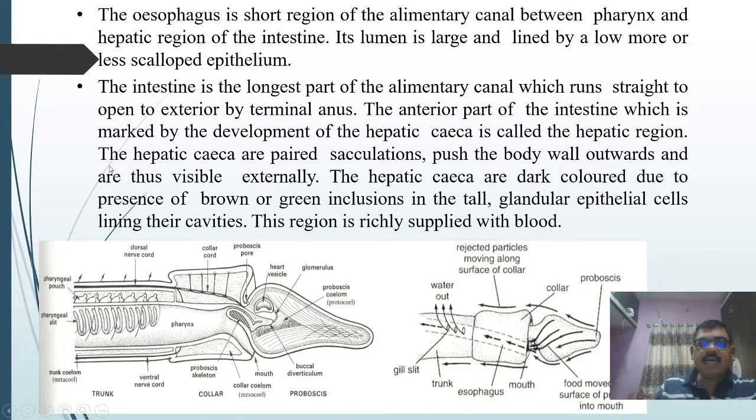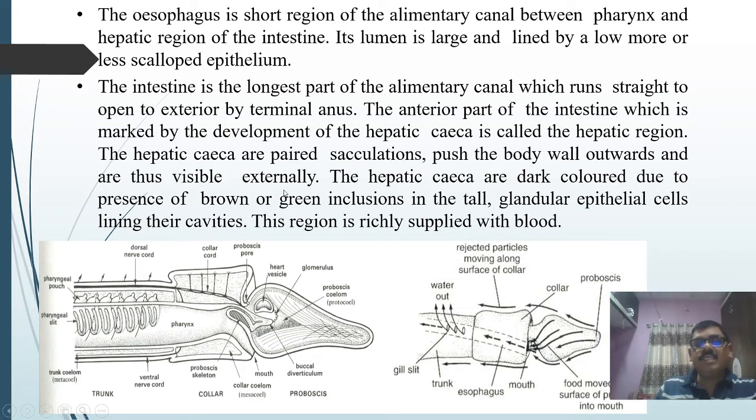These hepatic ceca have pairs of saccular rounded portions that push the body wall outwards and are thus visible externally. These saculations are present on the trunk.